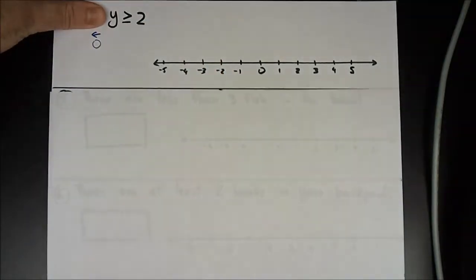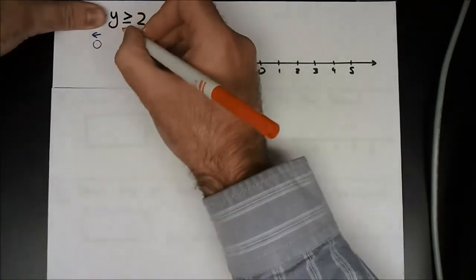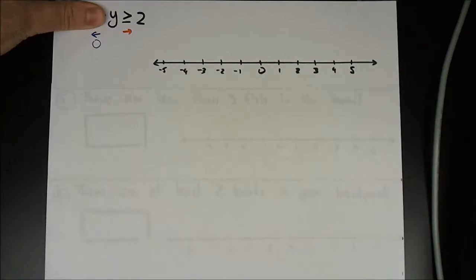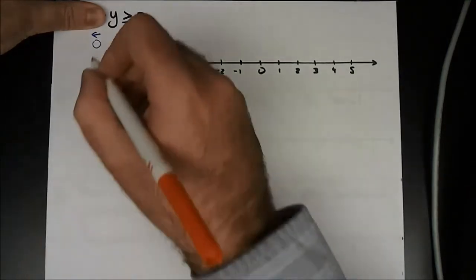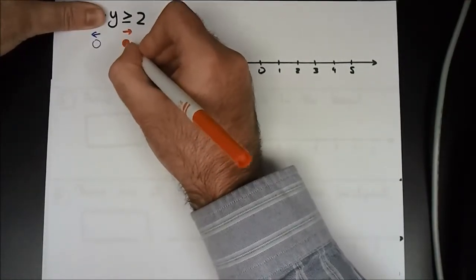So which way should we go? Large end pointing to the variable, you always go this way. Closed or open circle? Closed circle.